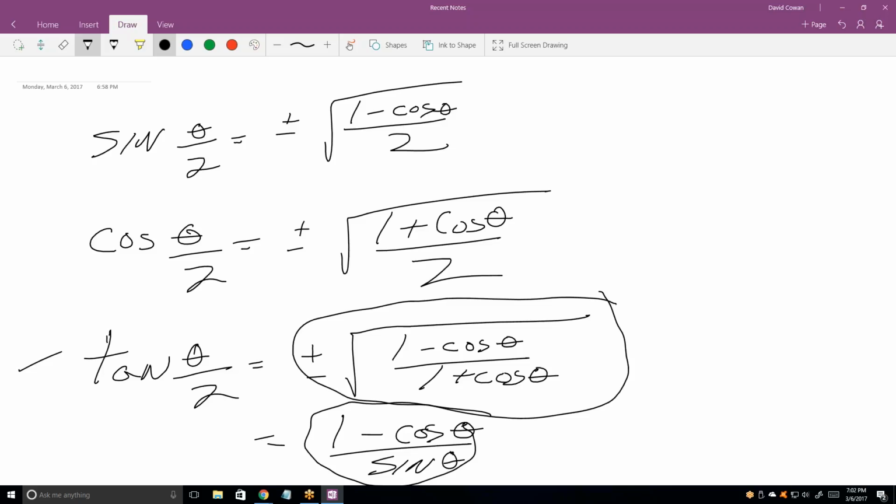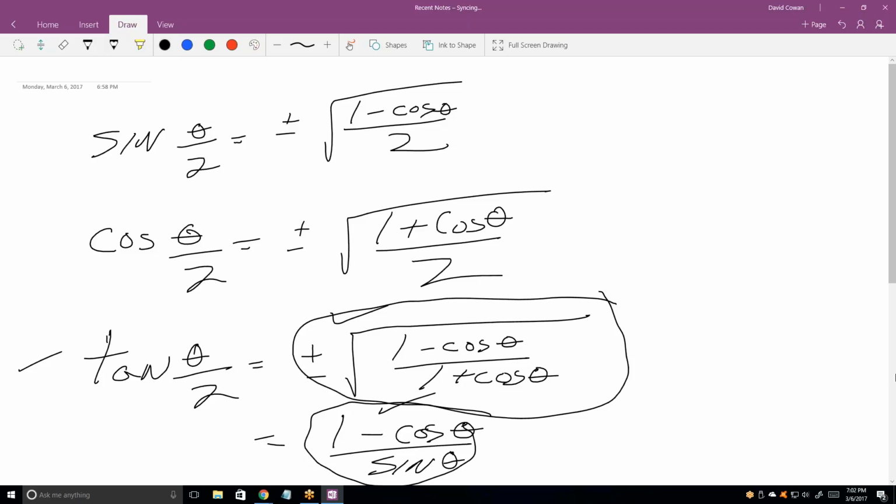Now, it's not totally true that all I have to know is cosine. I have to know which quadrant it's in so that I can choose the proper plus or minus. So it perhaps is about the same degree of difficulty as this one. Notice that this one does not have a plus or minus. In other words, the plus or minus is going to take care of itself in the bottom one.